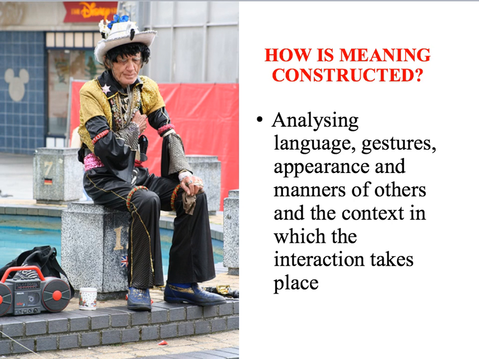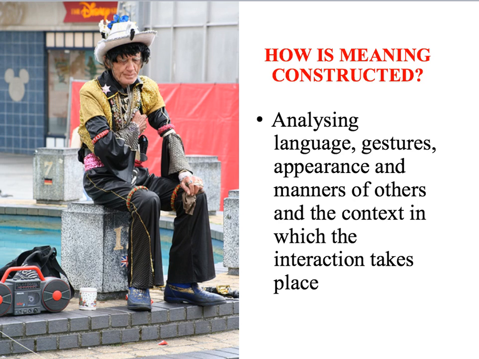So individuals construct meaning by looking at a social situation, analysing key symbols such as language, gestures, appearance, the manners of others, and also trying to understand the social context in which that particular interaction takes place.